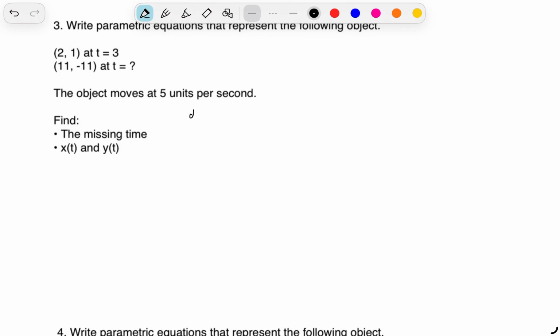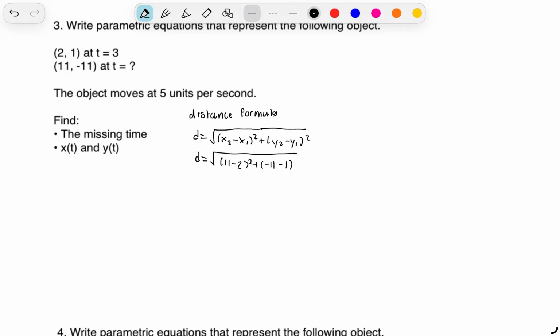So what we're going to do is we're going to use the distance formula, and that is d is equal to the root of x2 minus x1 squared plus y2 minus y1 squared, and that's going to be d is equal to the root of 11 minus 2 squared plus negative 11 minus 1 squared.